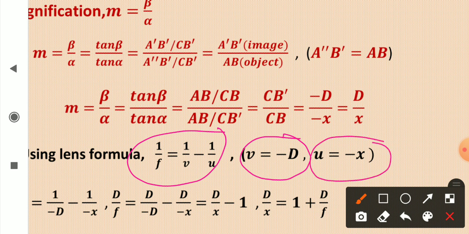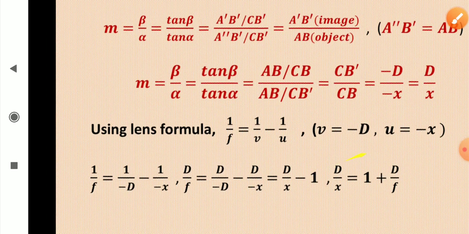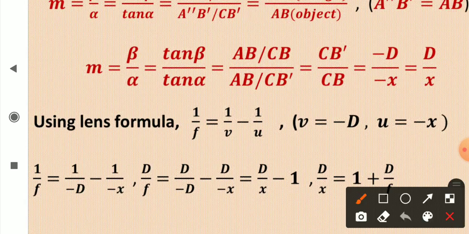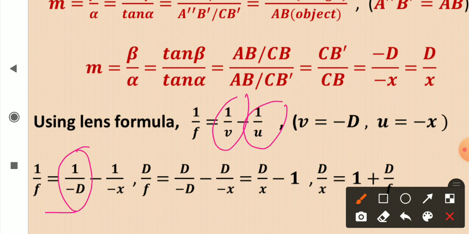So put the value of v and u in this equation, and when you do so, see what you get. 1 upon f is equal to 1 upon -d minus 1 upon -x. And I have to find out d upon x.